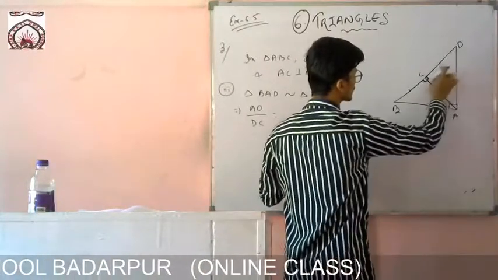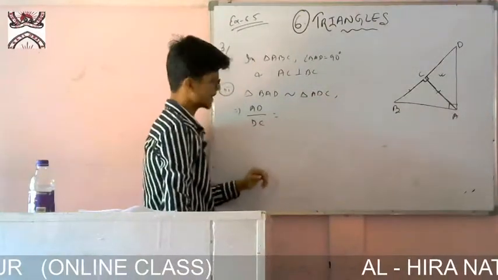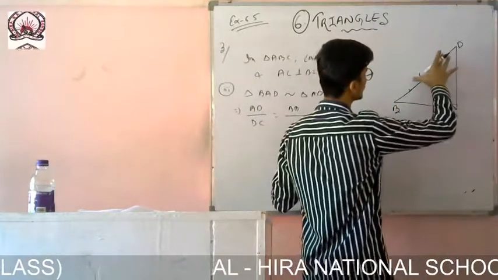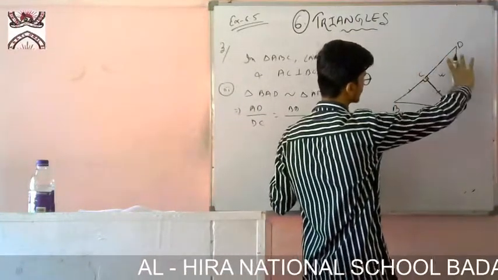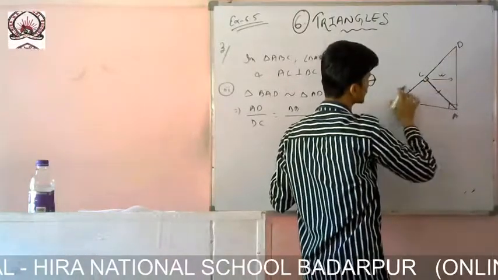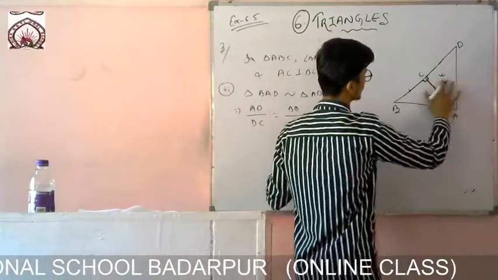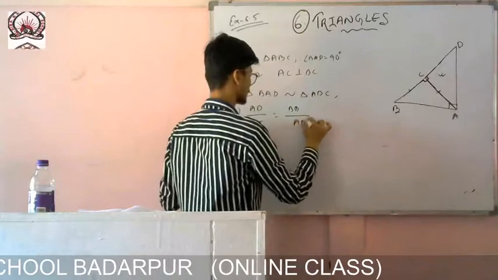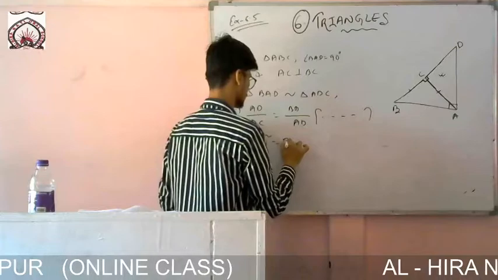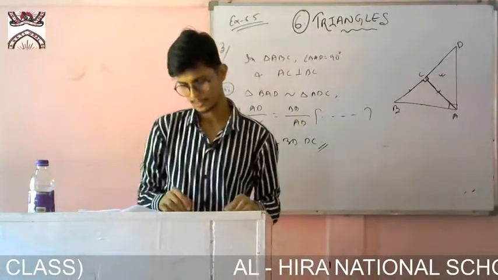Okay, so AD by DC, and which side I need? BD I need. So AD and BD by which one? If I take BD, that is the hypotenuse, and for this triangle this side is the hypotenuse, this is the 90 degree. So it will be, since sides are proportional, AD square equals BD into DC.